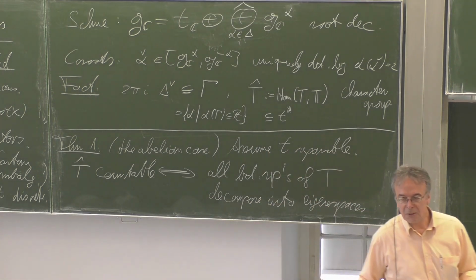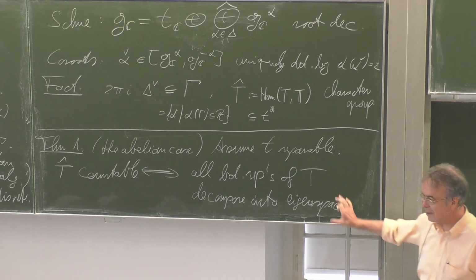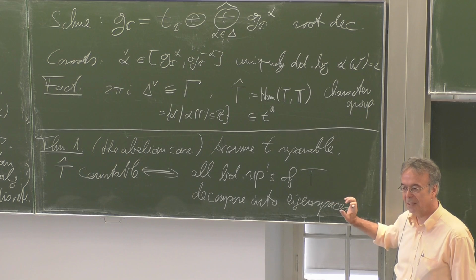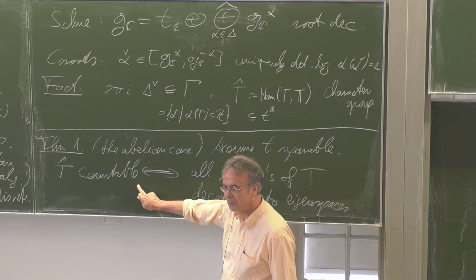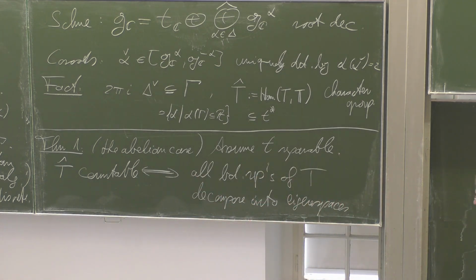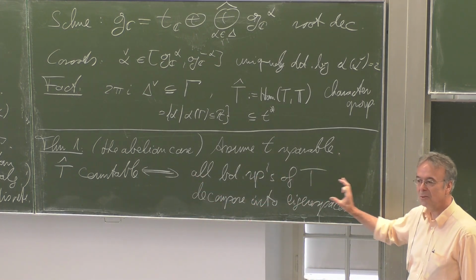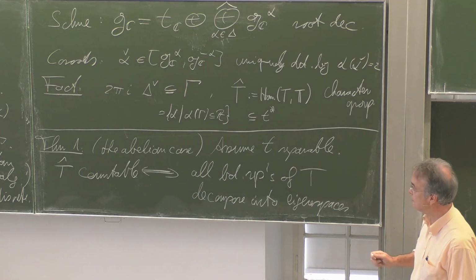And if you have a measure on a countable set, it decomposes into atoms. And that's the decomposition of the representation. But the interesting issue here is that if this is uncountable, you can also construct measures without atoms, and then you see there are representations which don't decompose.